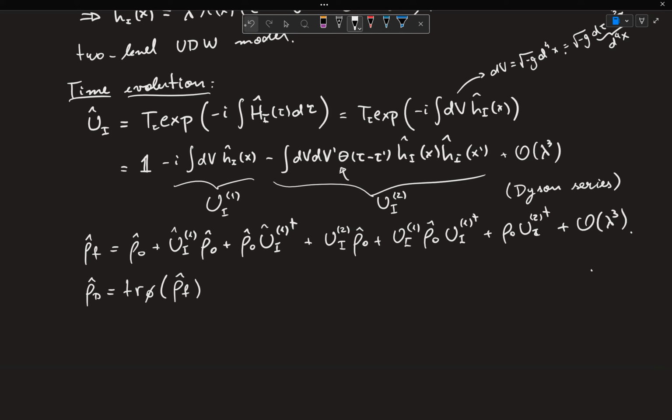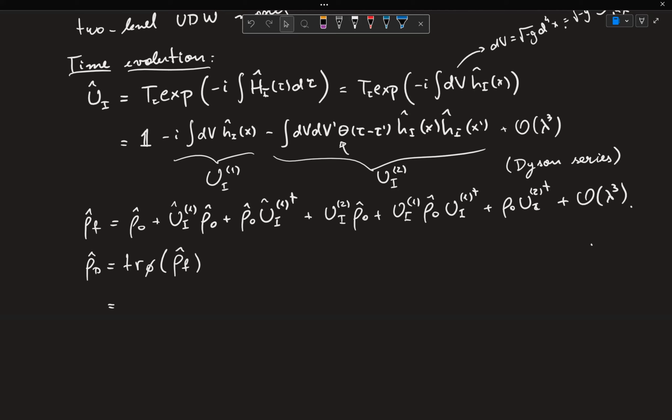And if we do this now, what will happen here is these terms that have only the UI1 are going to have one field operator with the rho 0. So basically they're going to have something like a phi of x integrated, applied to rho phi. Okay.